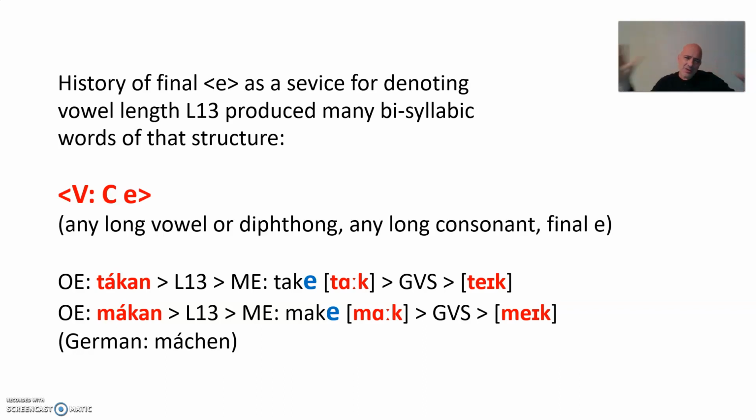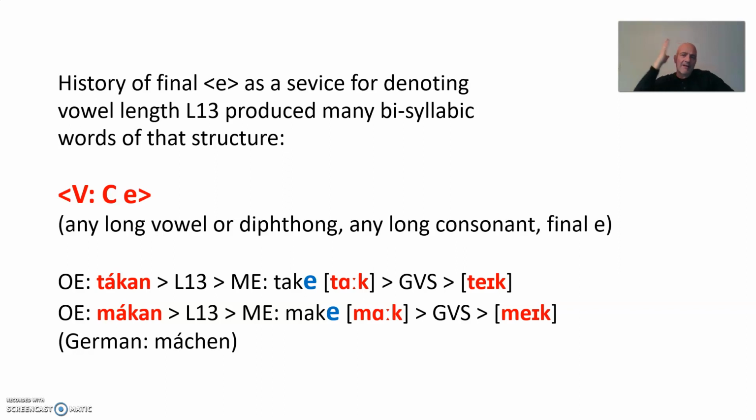And since loads and loads of these words were produced where you have a long vowel or a diphthong and a silent E in the end, silent E was reinterpreted as a length symbol, as a symbol for the length of the preceding vowel. You get that?